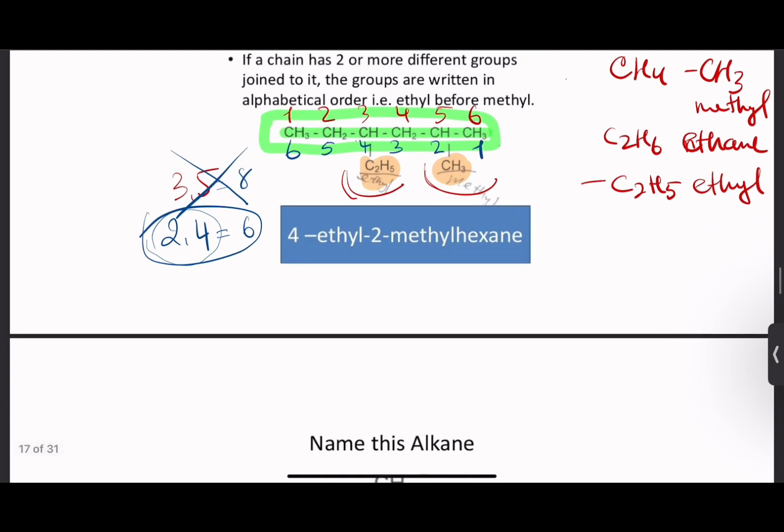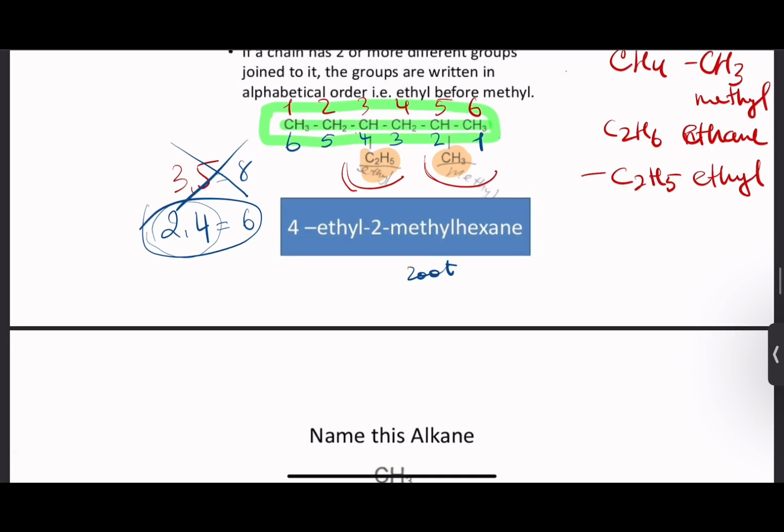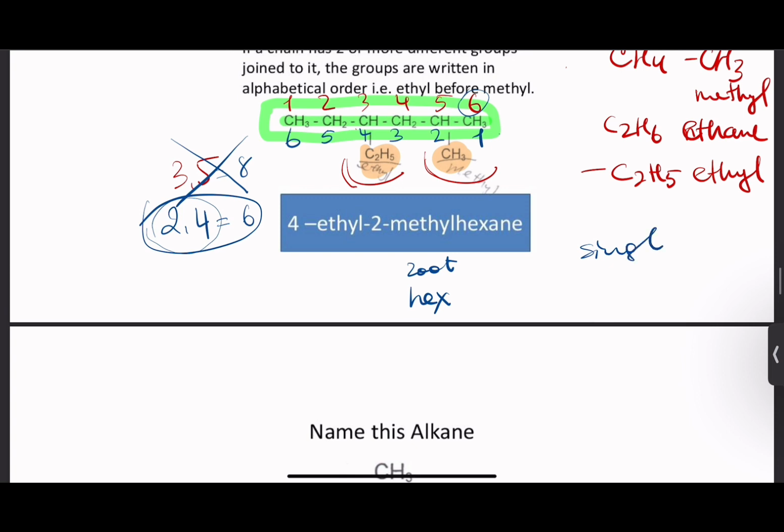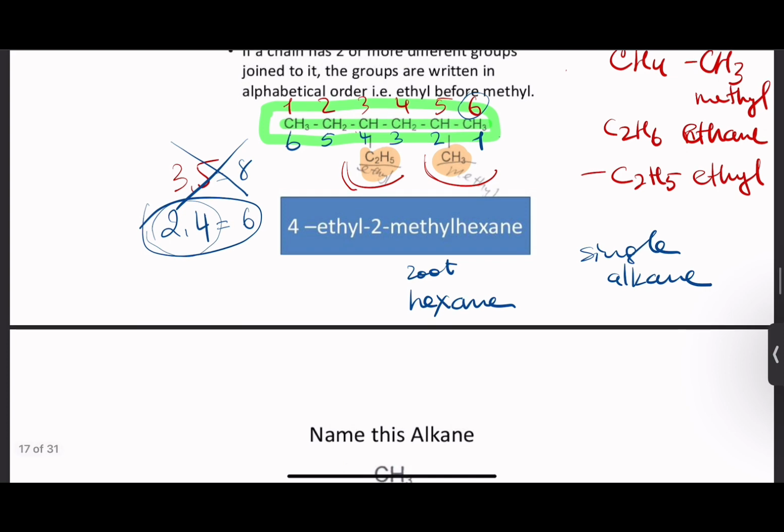And I'm just going to put my root. So my root is what? Hex, because I have 6 carbons. Hex, and then because I have only single bonds, it'll be hexane because it is alkane. So this was my suffix, the ane, and then plus prefix. So I got here ethyl and methyl.